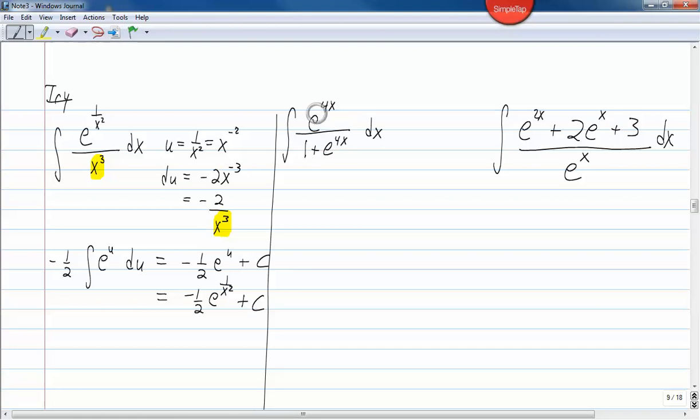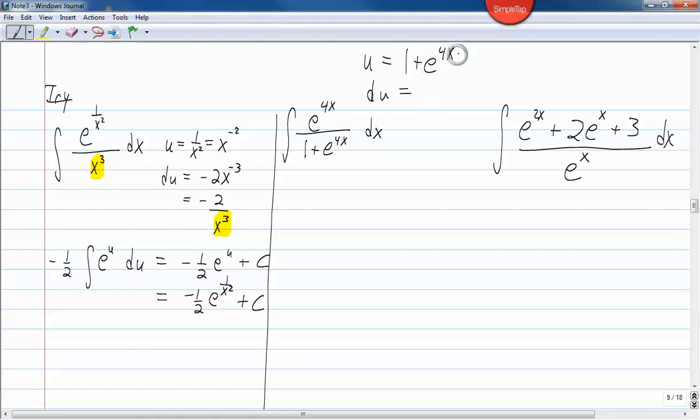Alright, this next one here, anytime you see a fraction and the denominator and numerator are kind of similar, maybe off by 1 power. In this case, since they're exponentials, I see the same term here and here. Then if I let my u equal 1 plus e to the 4x, my du would be equal to, the derivative of 1 is 0.